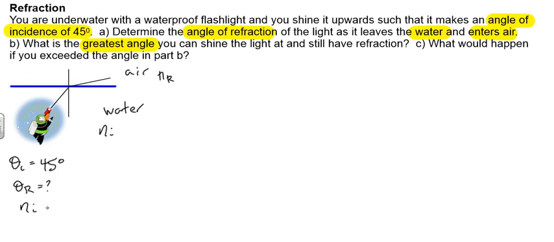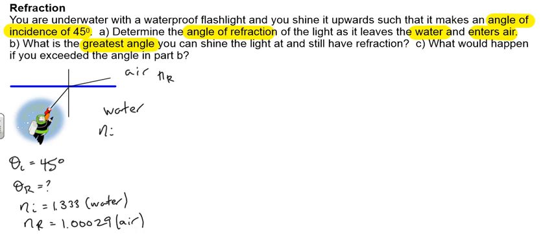Our Ni is water, and you can look in your tables, but maybe you're used to this one right now: 1.333, and that is water. And we also have the refracted material, which is air. Air is 1.00029. It's pretty close to 1. It doesn't make a whole lot of difference, but it can change your angle by a couple decimal places. It's not a big deal. So this is air.